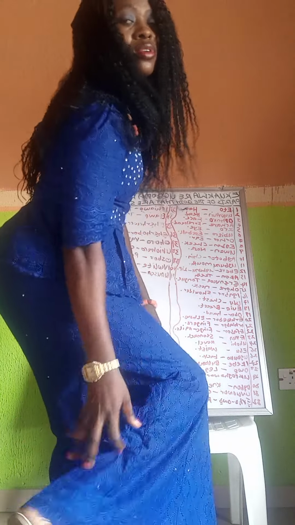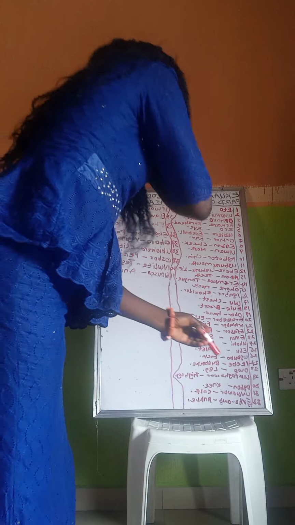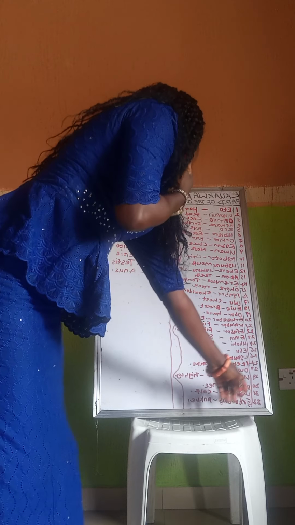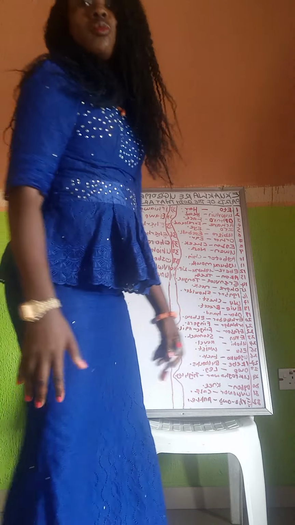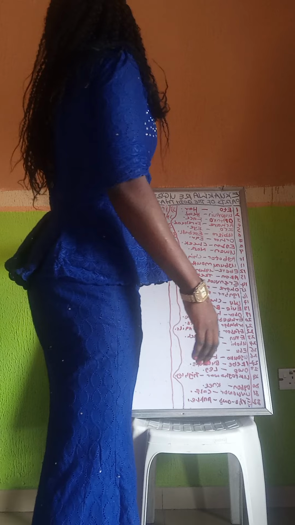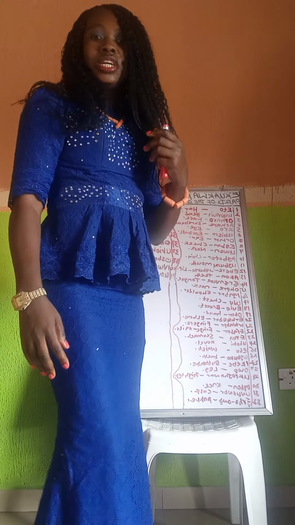Uvowo, calf. Then erwowo is ankle. Irianwo, toe.